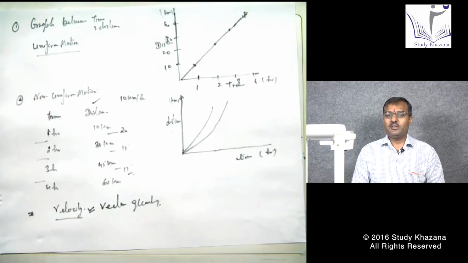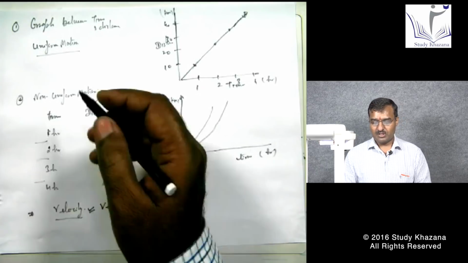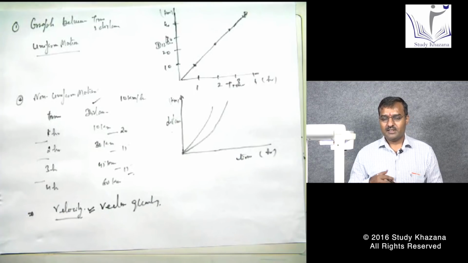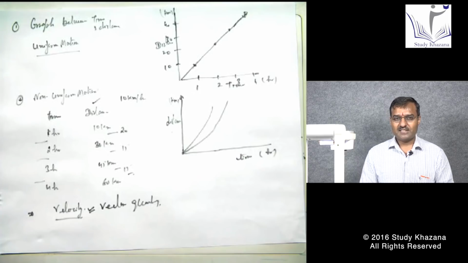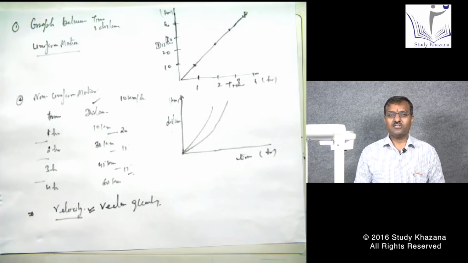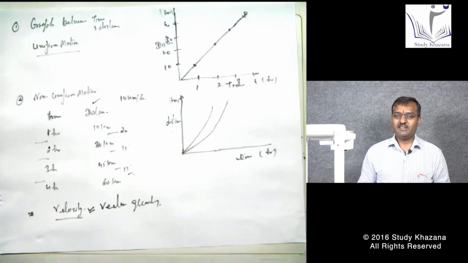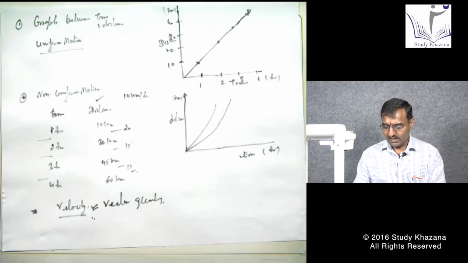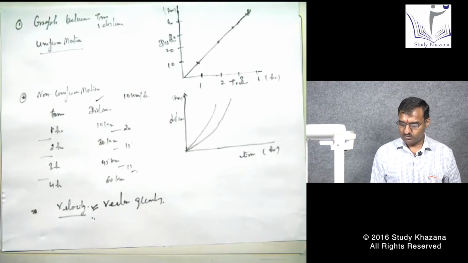Direction is also involved in velocity, but in case of speed we see only the magnitude. As in distance we consider only the distance traveled, and displacement is distance with direction. So that comes in velocity, a vector quantity.